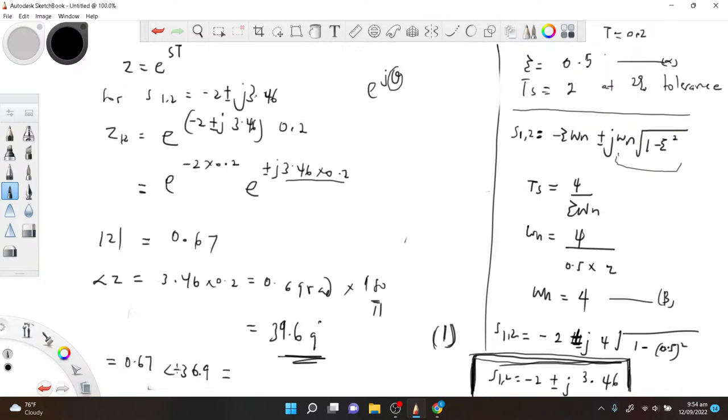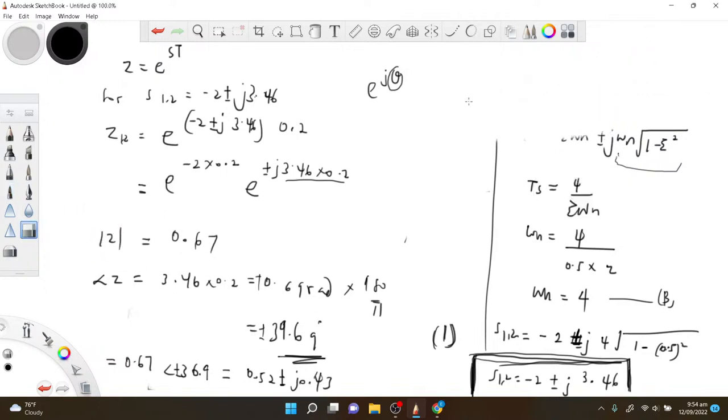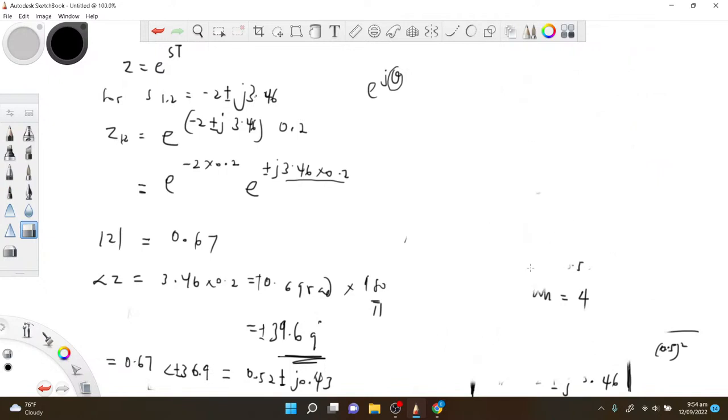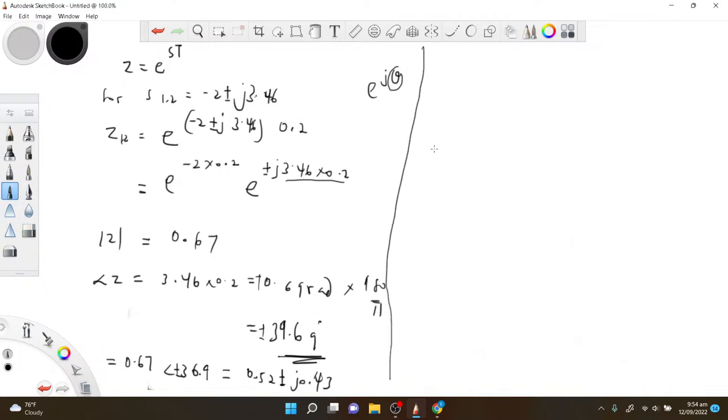Now change this to rectangular form so that we can plot it. Don't forget the plus or minus. When you do that, you get 0.52 plus or minus j 0.43. So these are my desired closed-loop poles, based on the specifications.